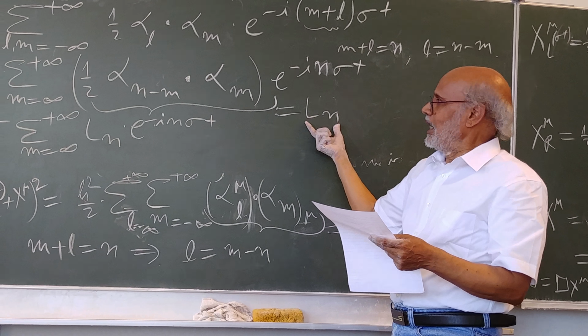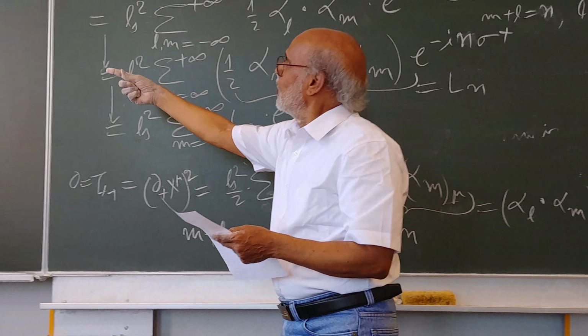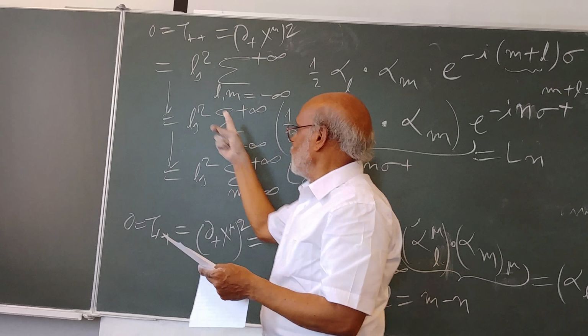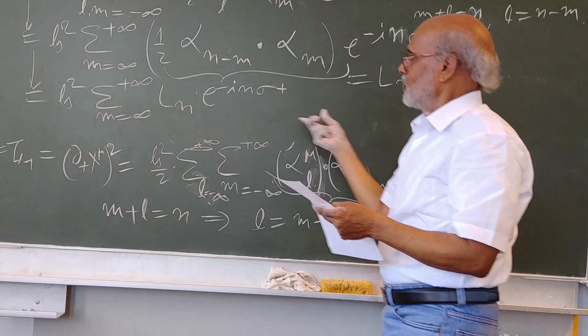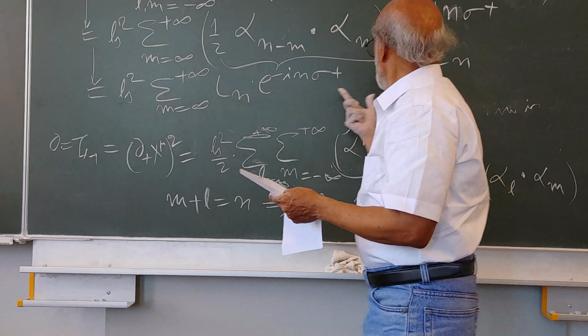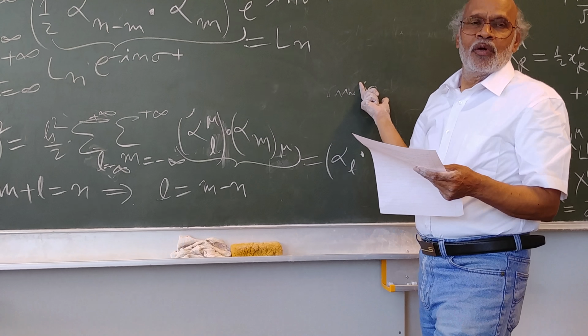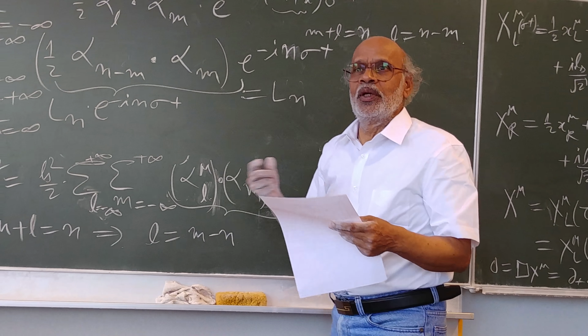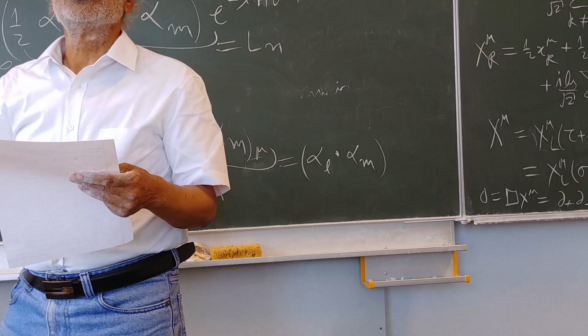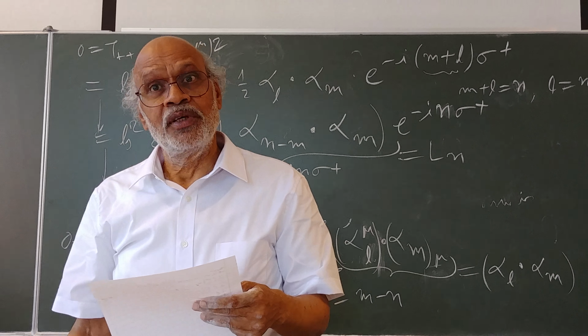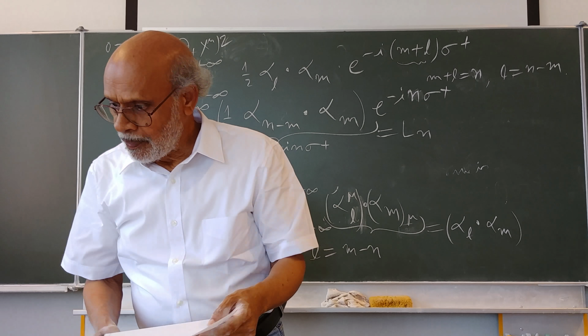Because this object has to vanish, therefore this object has to vanish, therefore Ln would be 0. This would give rise to an infinite number of constraints on the theory. These are called Virasoro constraints.